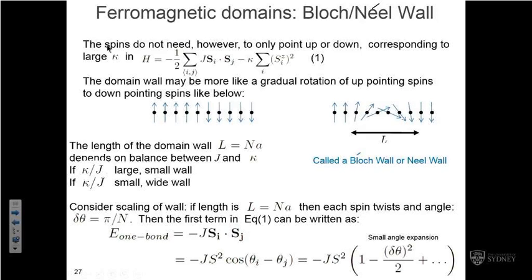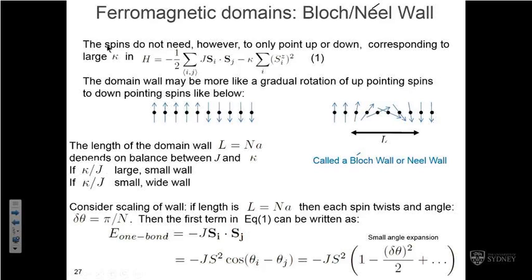And then if we just use a small angle approximation for cos. So we're just putting cos of i minus cos of j is just equal to the delta cos. So this is an expression that tells the energy cost for one of the spins being rotated by that little angle.